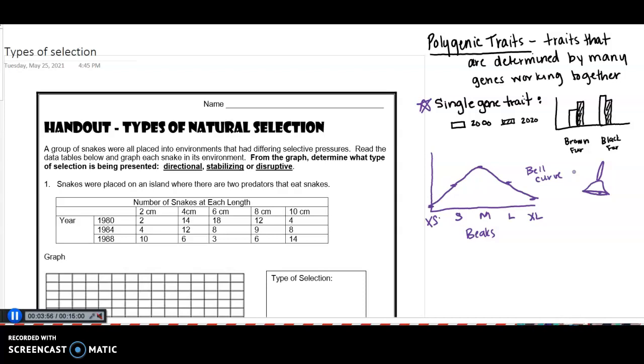Now, what's important for us in this lab is that when we collect data, we get to determine, okay, this is our bell curve, this is this year. Then we go back in time, maybe 2 years later, 3 years later, maybe the next year, and we collect the same data. And then we graph it on top.